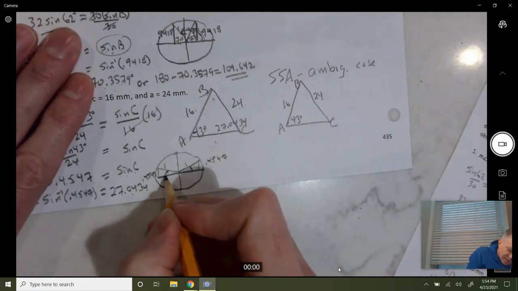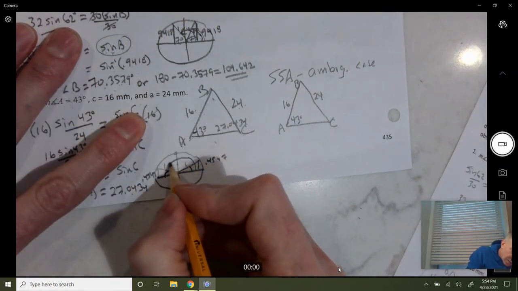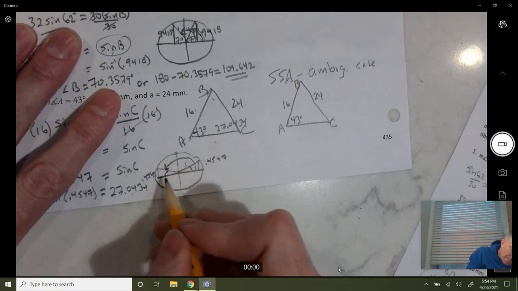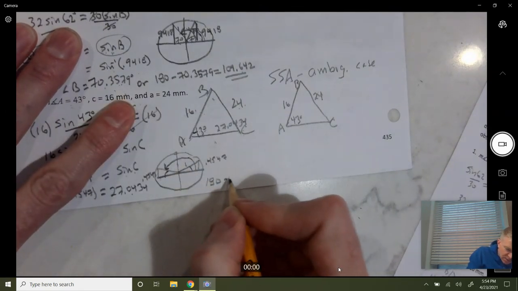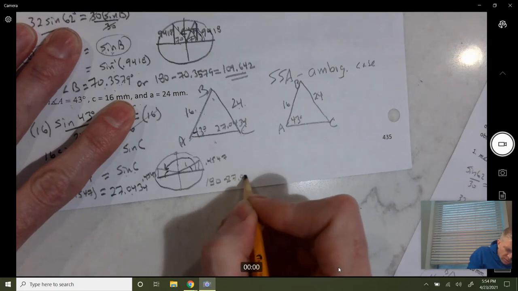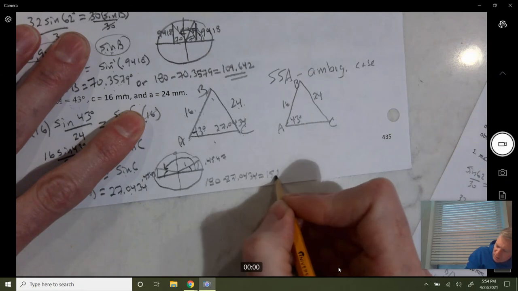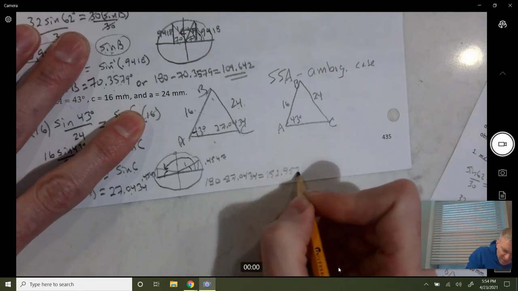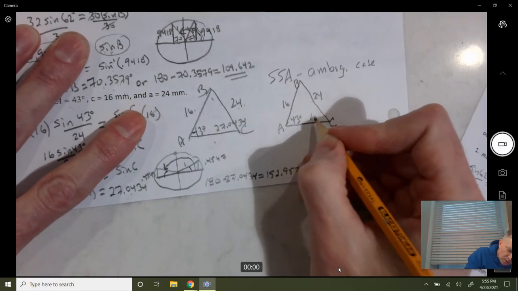That's 27, that's 27. But we want to find from standard position this angle, which is going to be 180 minus 27.0434, which is equal to 152.957. That's angle C. We'll put that in the second triangle.